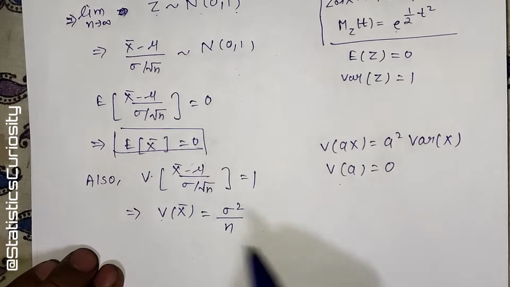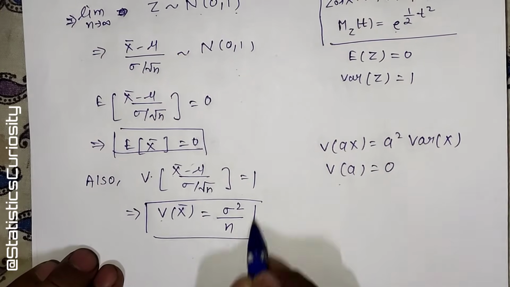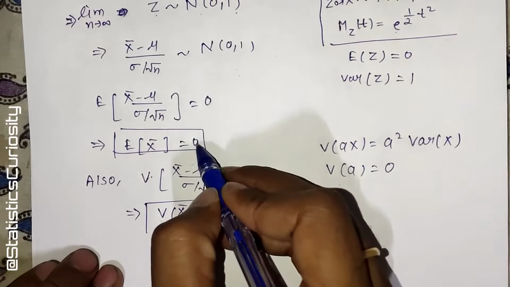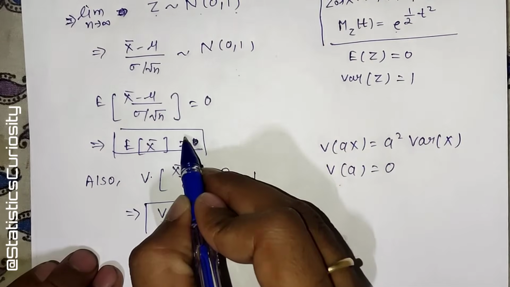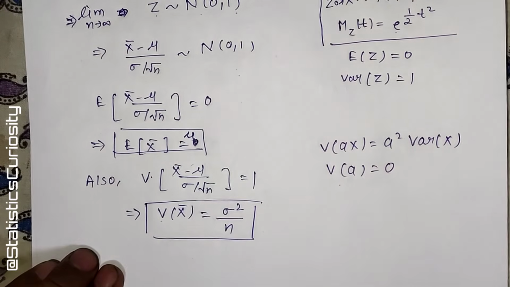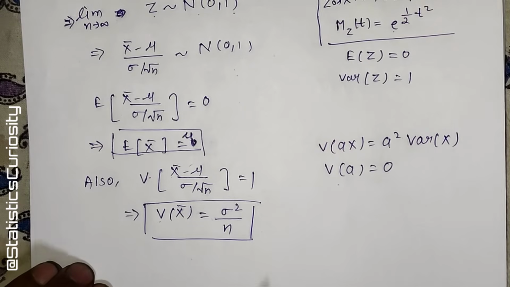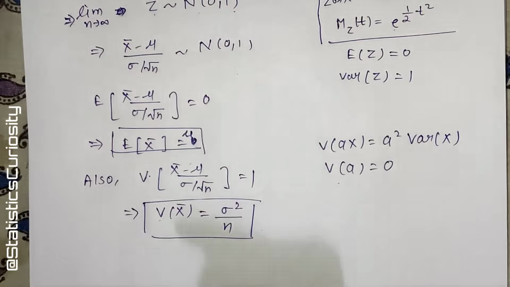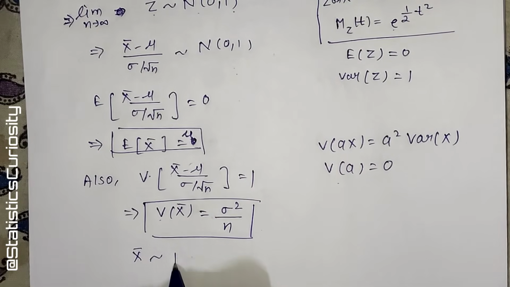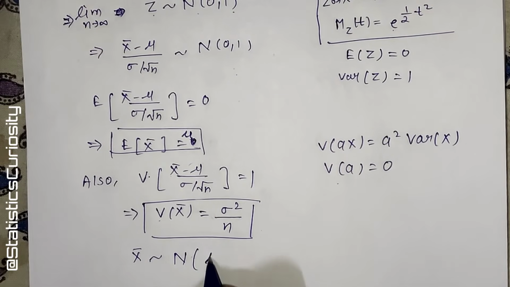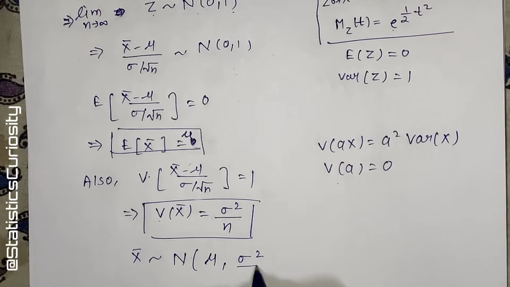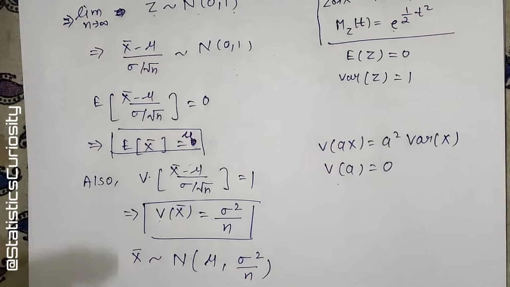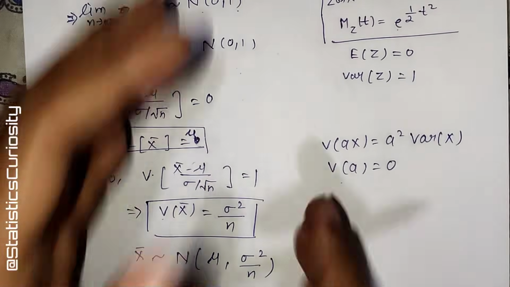Expectation of x bar is mu, and variance of x bar is sigma square divided by n. Sorry, the expectation of x bar is not 0, it is mu. So we can clearly see, as Z follows normal 0, 1, x bar will also follow a normal distribution with mean mu and variance sigma square divided by n, and this is the result that we are looking for.